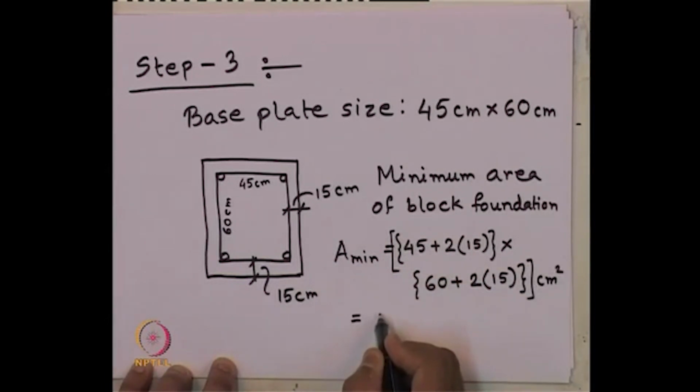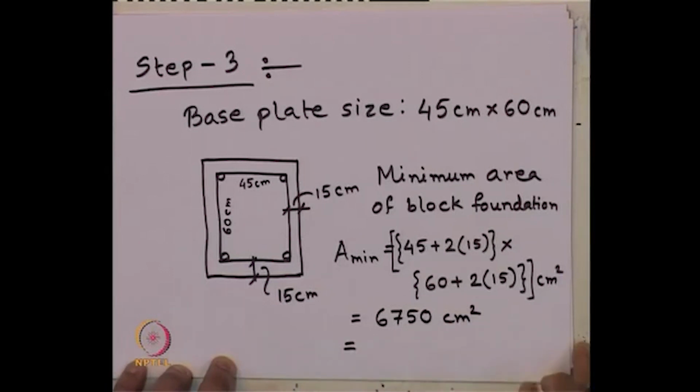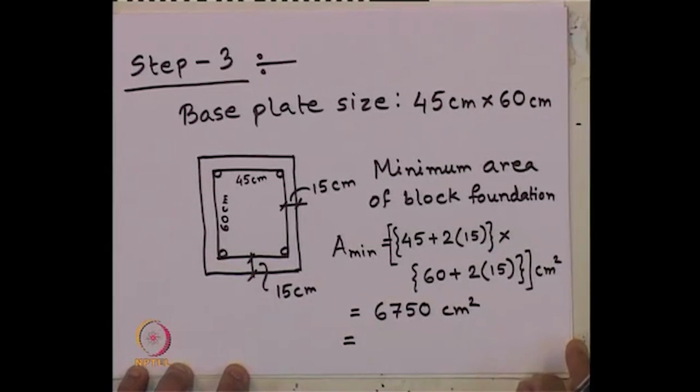It comes out to be 6750 centimeter square. We need to convert this to FPS unit for using Tschebotarioff's design chart.